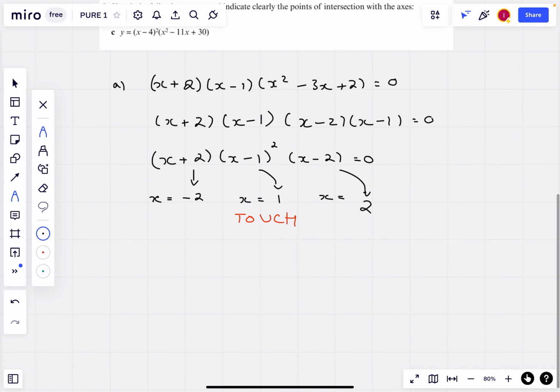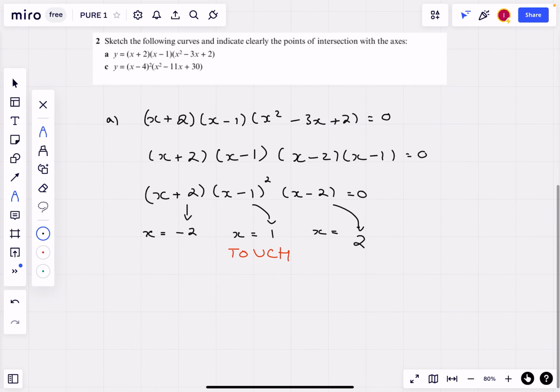And remember, none of the factors give a negative x to the power of 4, so we can be confident that it's positive, which means we end up with that W shape. So it's going to intersect at minus 2, touch at 1, and intersect at 2.